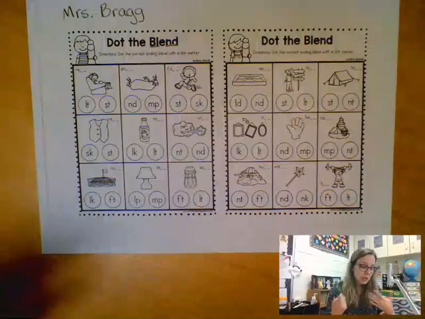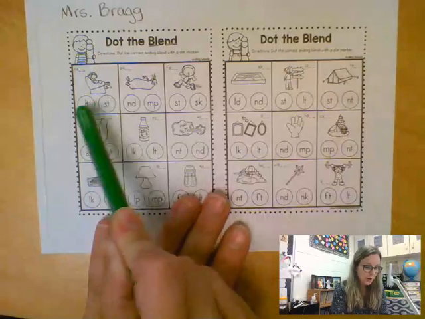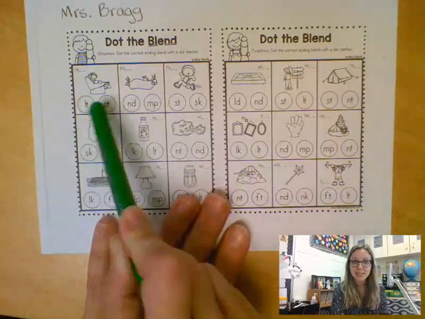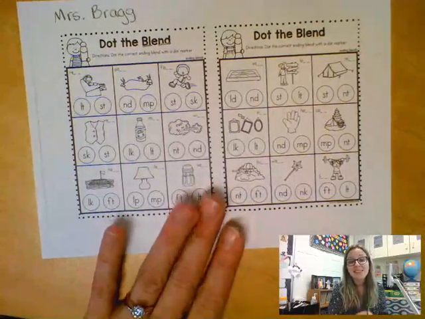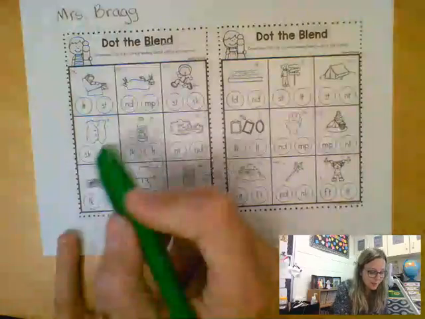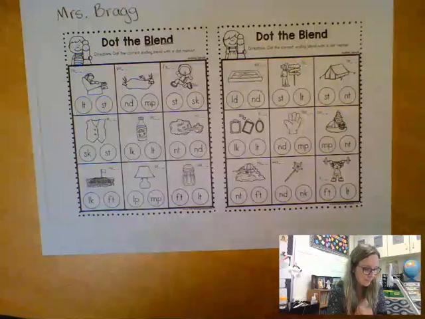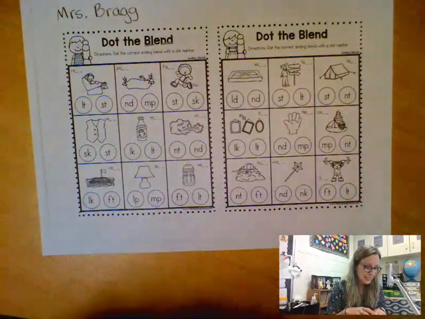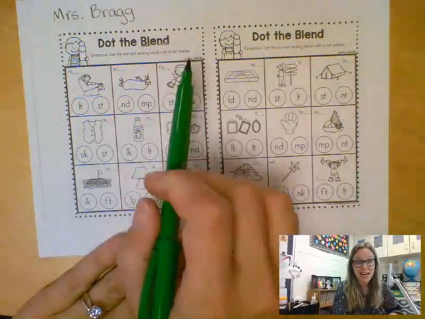So your job on this page is to figure out which one of these dots has the proper blend for that word. And it says dot the blend because they want you to color in the dot that has the correct blend. So it says here, dot the correct ending blend with a dot marker.